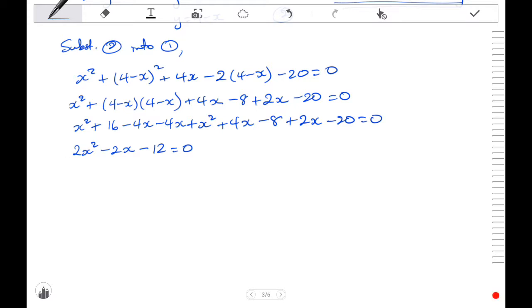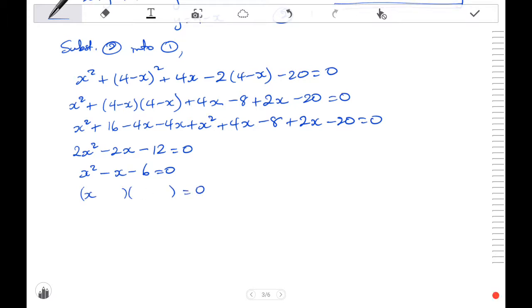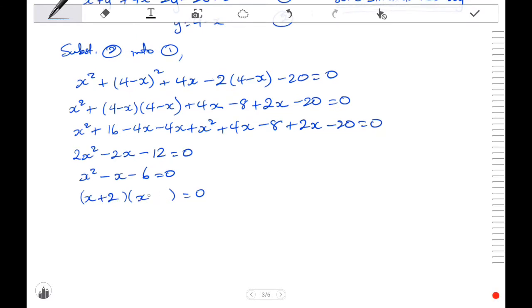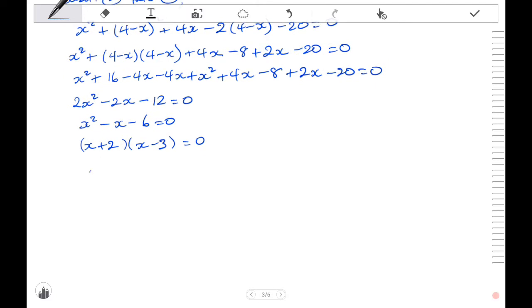You could also notice that this can simplify by dividing through by 2: x squared minus x minus 6 equals 0, and that would factorize into x plus 2, x minus 3, so x is equal to minus 2 or x equals 3.